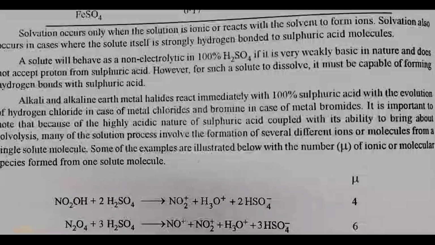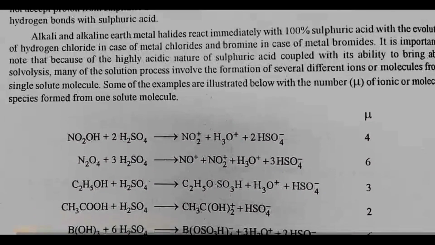It is important to note that because of the highly acidic nature of sulfuric acid coupled with its ability to bring about solvolysis, many of the solution processes involve the formation of several different ions or molecules from a single solute molecule. Some examples are illustrated below with the number mu of ionic or molecular species formed from one solute molecule.